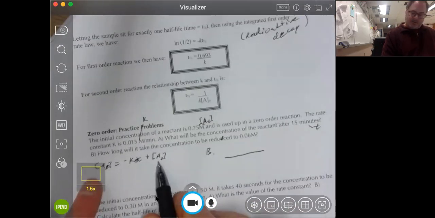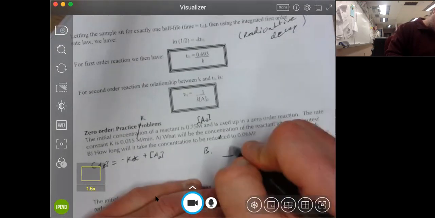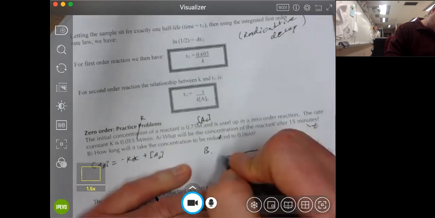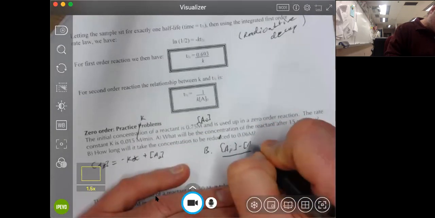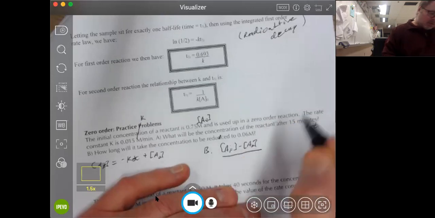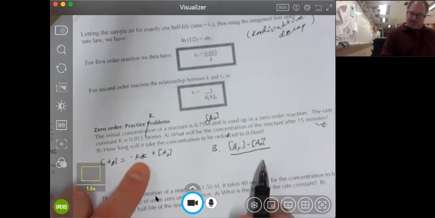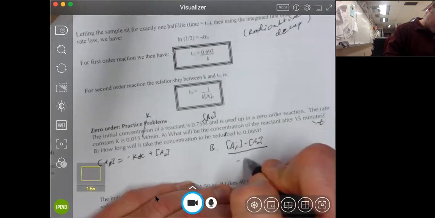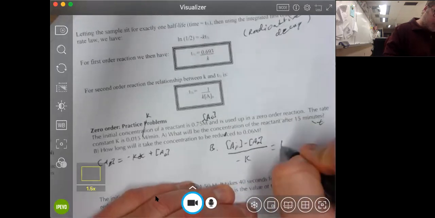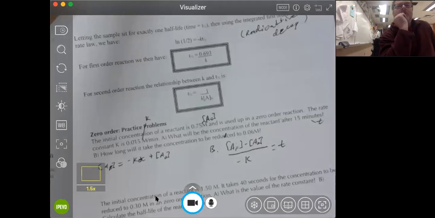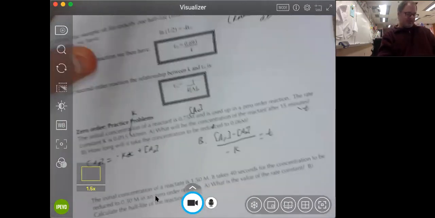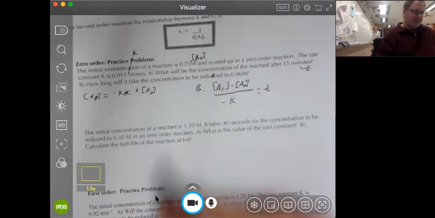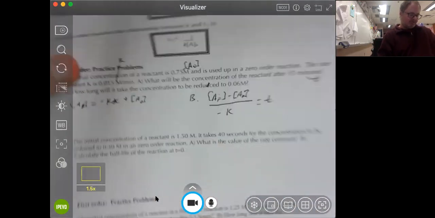So to rearrange this equation, we will subtract A naught from both sides. And then to isolate the T, we will divide by negative K. And that's basically what all of these problems are doing, they're having you do the rearrangement of these equations.